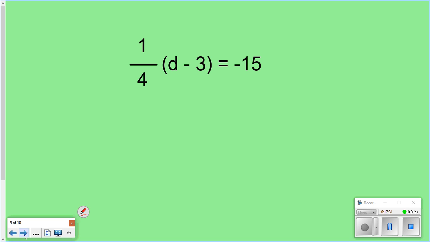Actually, that's negative. Remember, it's a negative 15. You're right. Okay, you guys know what you can do. You can do 3 minus 3 equals, what you have here? Negative 60. No, you're not dividing. It's your balance.